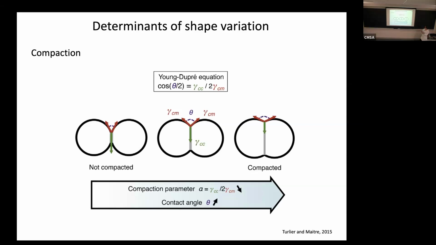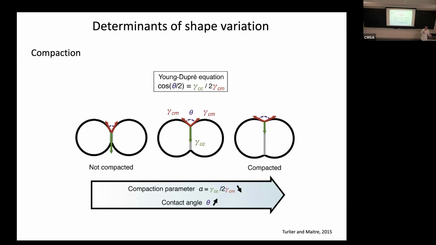Okay, so the other determinant of this early shape is obviously how packed together the cells are. You've seen in these pictures that there are big differences, both in the initial packing and in how this packing evolves. Some embryos look very compact from the beginning, some embryos look very loose. So a framework to compare and think about this compaction would be really useful, something that you can use across different species and organisms.